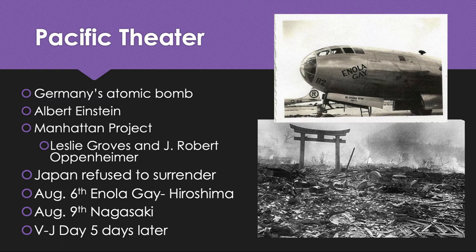When we see Germany surrender after suffering those heavy losses, we think that this is going to lead to the surrender of Japan. But what we learn is that the Japanese were going to fight until the very bitter end. They were not going to give up.